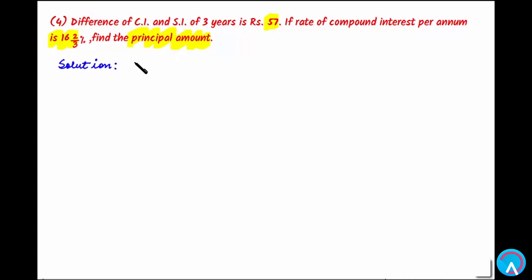For this question, let the principal be equal to P. Rate of interest is 16.2 by 3%. This, when calculated on a fraction of 100, is 1 by 6. Time is equal to 3 years.